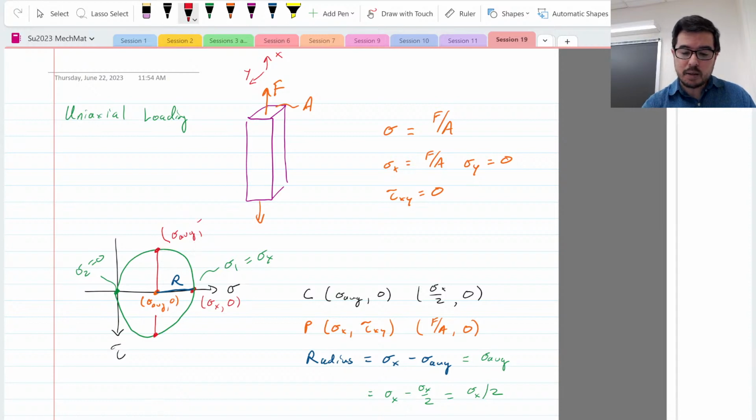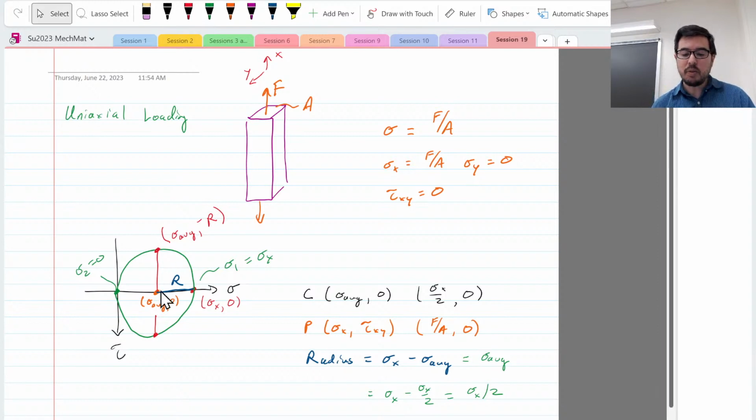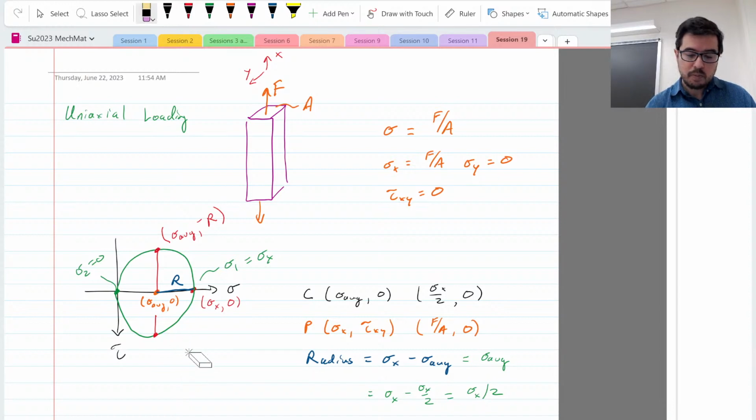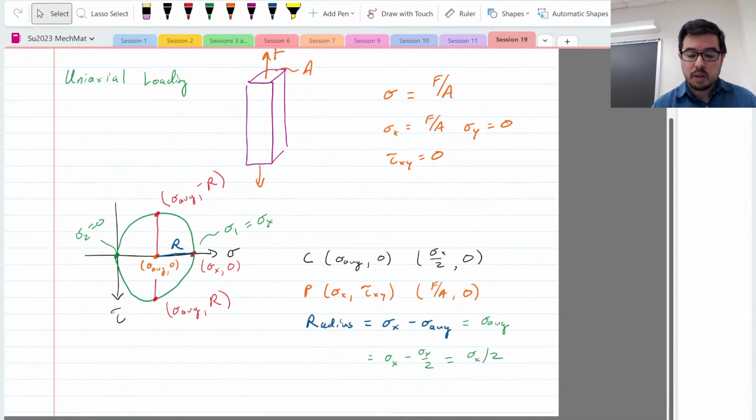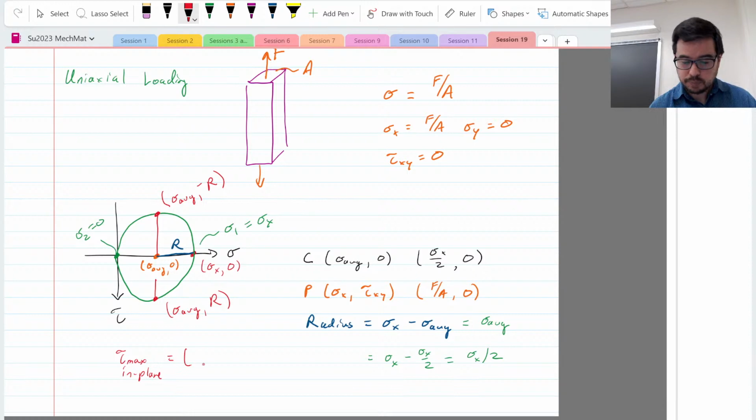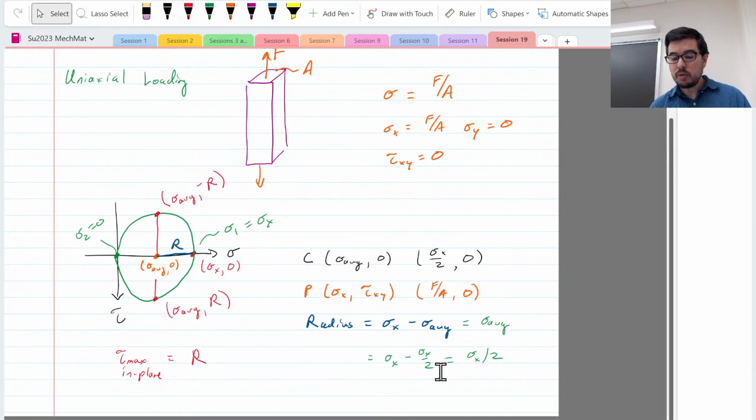This would be minus R, if you will, because it's negative going up, and this one down here is going to be sigma average, R. So this right here, the tau max in plane, is given by R. That's it. And R is equal to sigma x over 2.